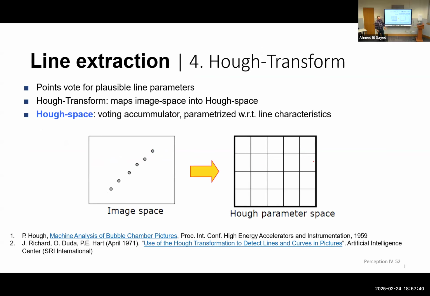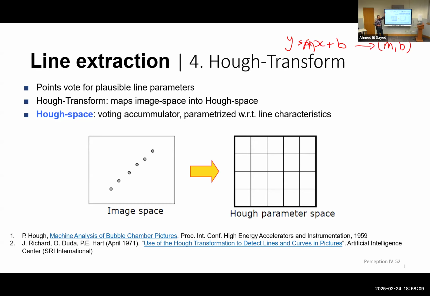What is the concept of Hough transform? This is the equation of the line, right? Why should I represent the line with this equation? I can represent it with two parameters only, M and B, right?